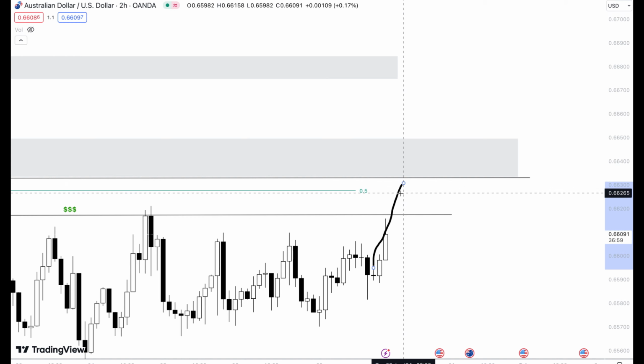And one confirmation, guys, when you're looking for your entries, when price comes to this gray box, usually if smart money is in the market, you will see a wick touching the box instead of actual candles. So what I mean is like this.